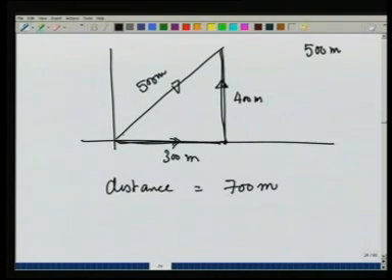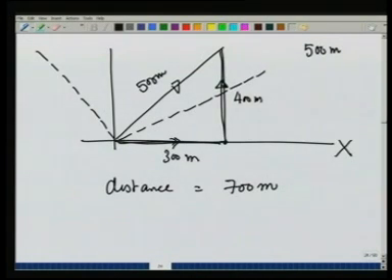Now, suppose you have another friend who is looking at it from a different frame. For the previous friend you had the x axis along the east and y axis along the north, but another friend has his axis x prime at some angle theta from the east and y prime at some angle theta from the north. The distance travelled by this person in going to the other house is going to be 700 meters in both the frames.